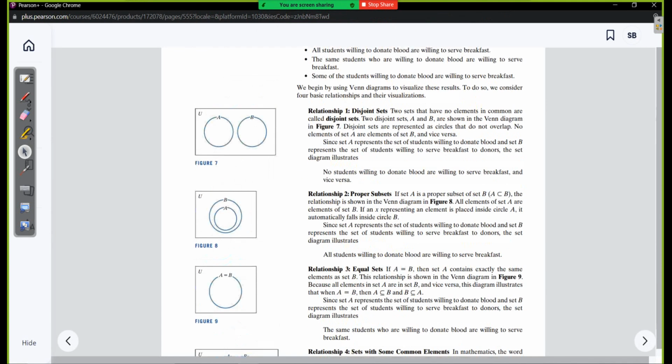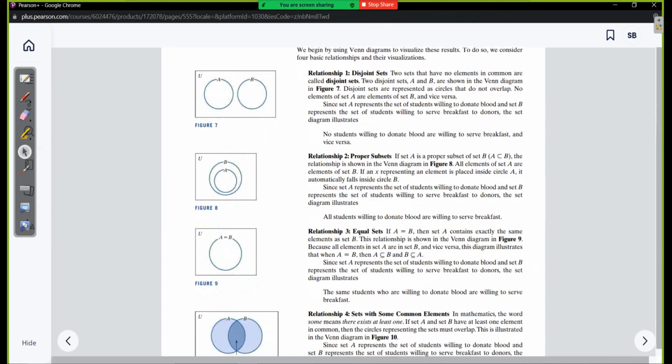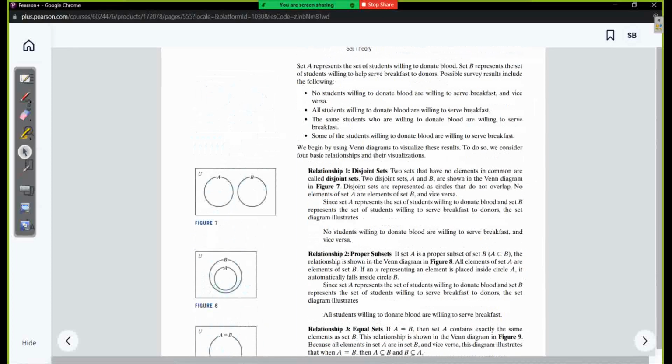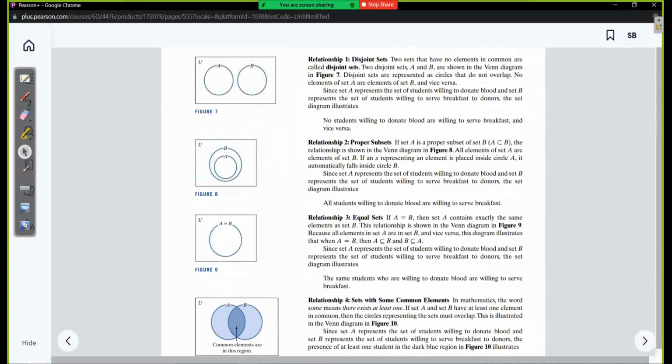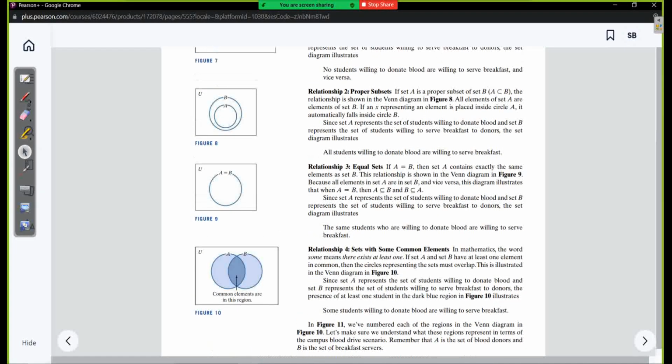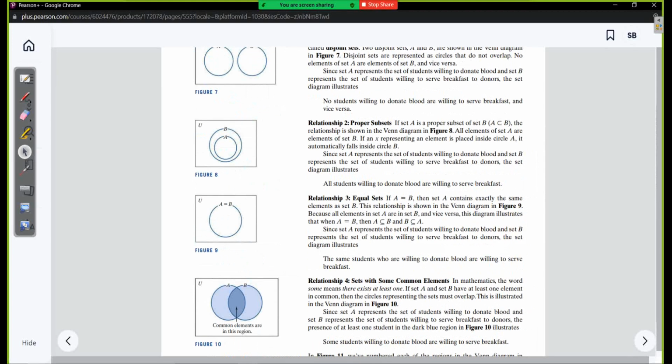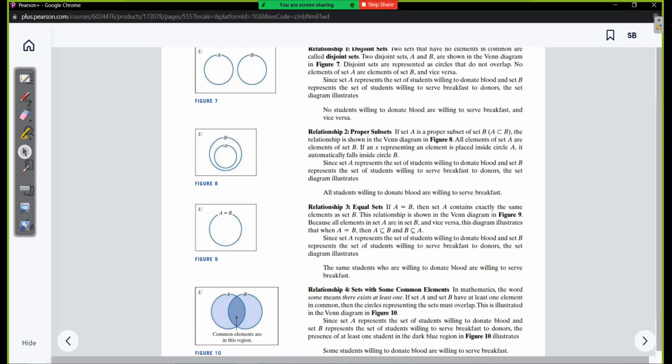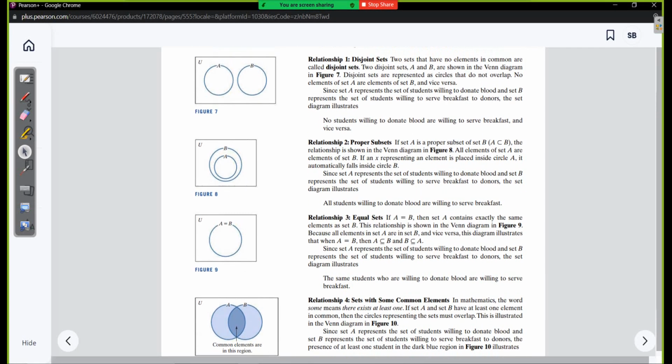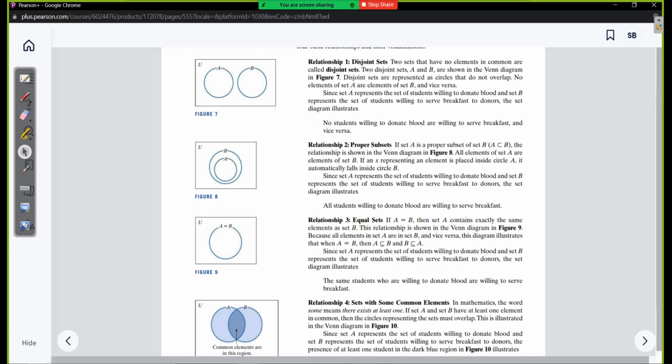There's an example going on about donating blood, and it goes all the way to the last example in this section. But we're not going to deal with that because we're here for the big stuff.